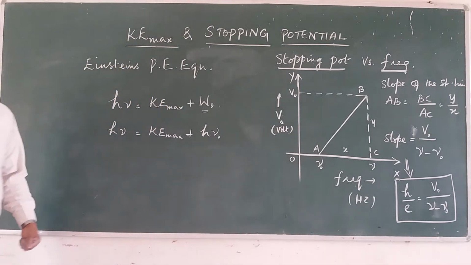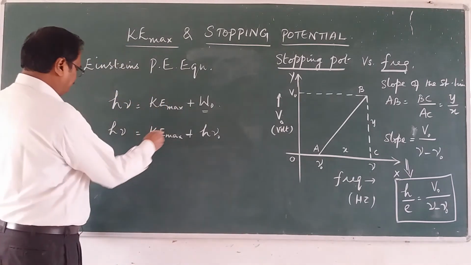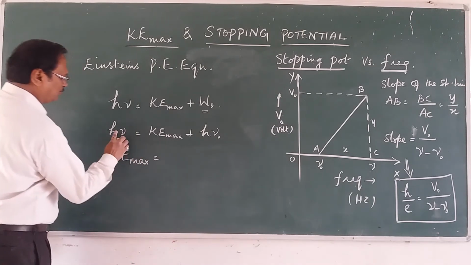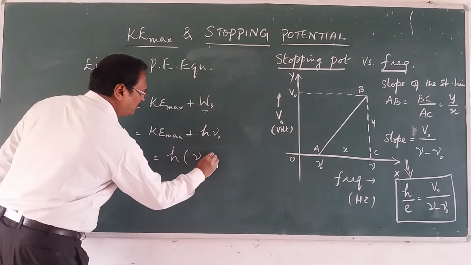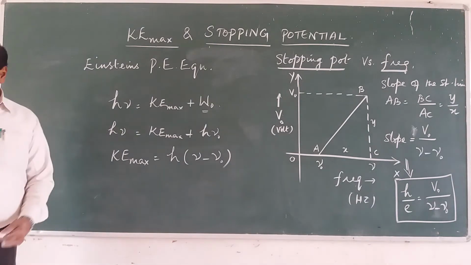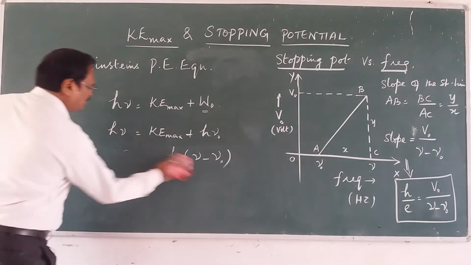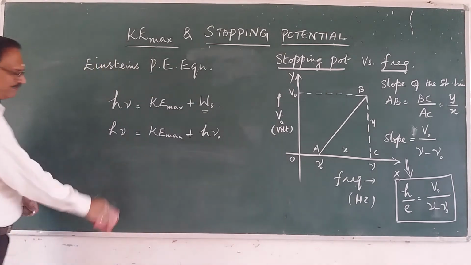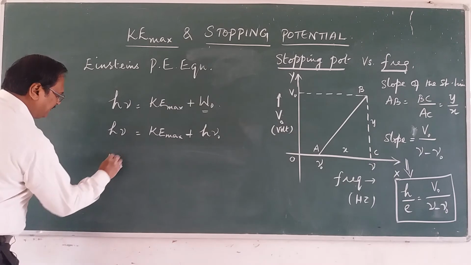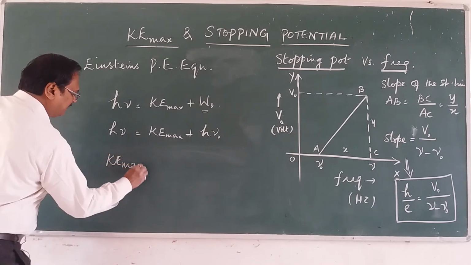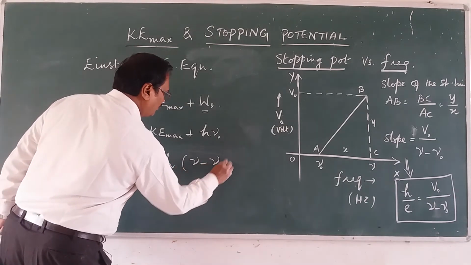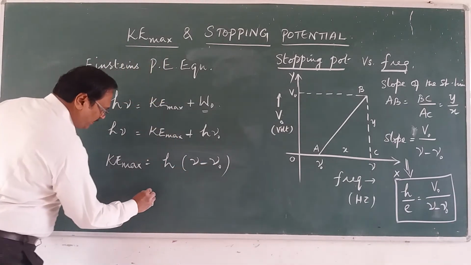Okay, let us see here. Kinetic energy maximum is equal to h of nu minus nu naught. This is one part of it. Or we can also express it in another way. Kinetic energy maximum is equal to h of nu minus nu naught. Now what is this actually?